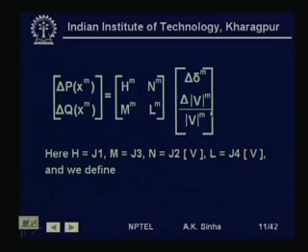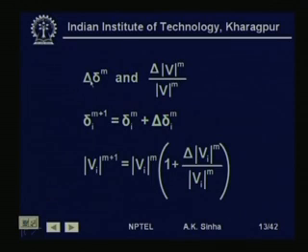Once we have calculated this, we can get the updated values for the m plus 1th iteration: delta I, that is delta at the ith bus for the m plus 1th iteration, is equal to delta I at the mth iteration plus delta delta I at the mth iteration. Similarly, the voltage magnitude is updated as V I at the m plus 1th iteration is equal to V I at the mth iteration into 1 plus delta V I by V I at the mth iteration. So, this is the update that we do.